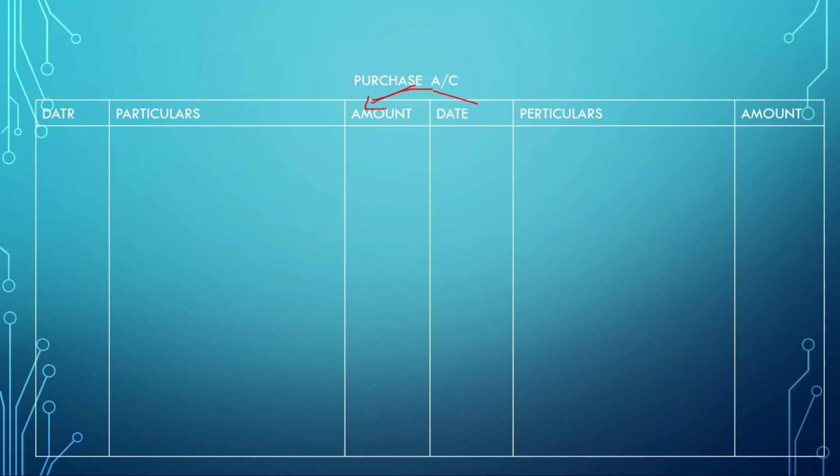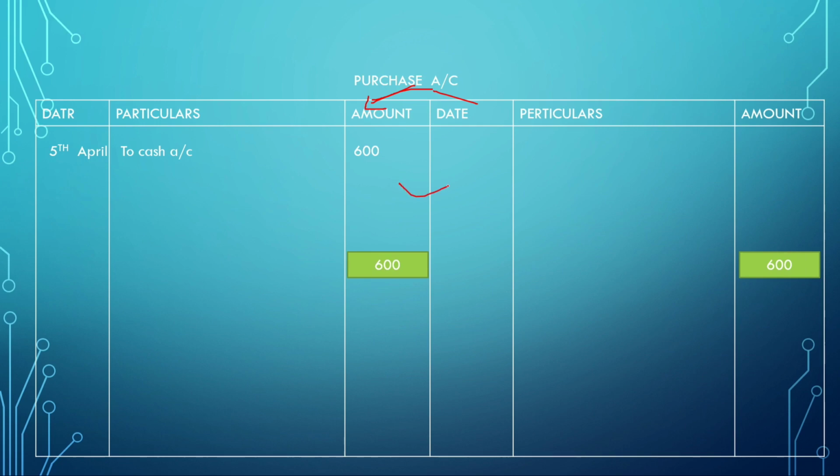This transaction happened on the 5th April. Purchases account, the amount of goods they purchased is 600. If the goods are coming inside, the cash is going out. The goods came in and the cash went out. So now we want to balance. Debit balance equals credit. The bigger amount is 600, so we balance with 600 on both sides.